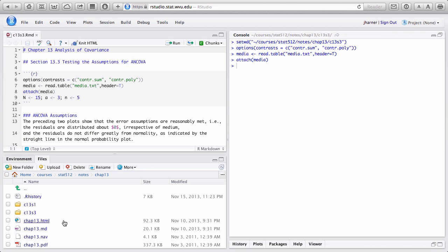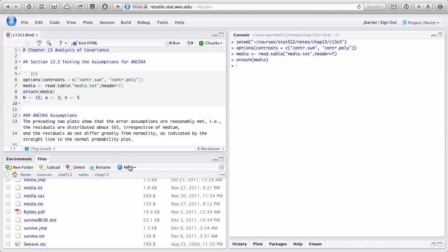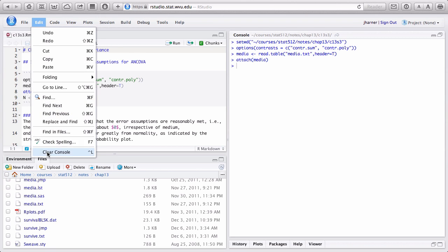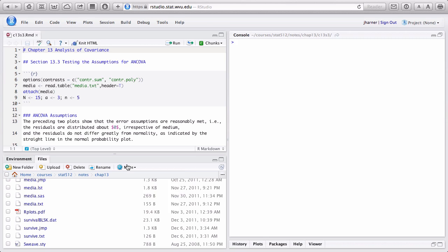So we're going to look in Chapter 13. Let me clear that, then I'm going to set the directory just to make sure that we find the files correctly. Okay.